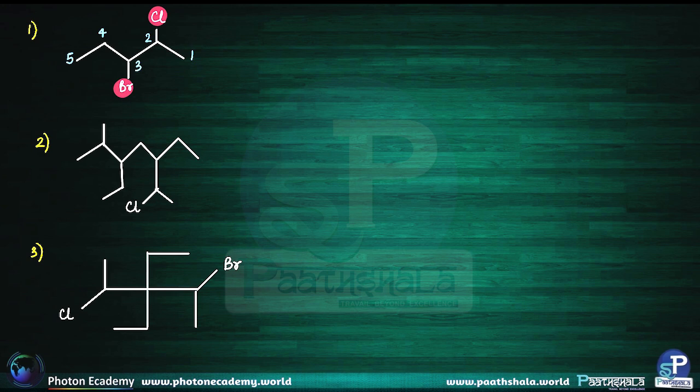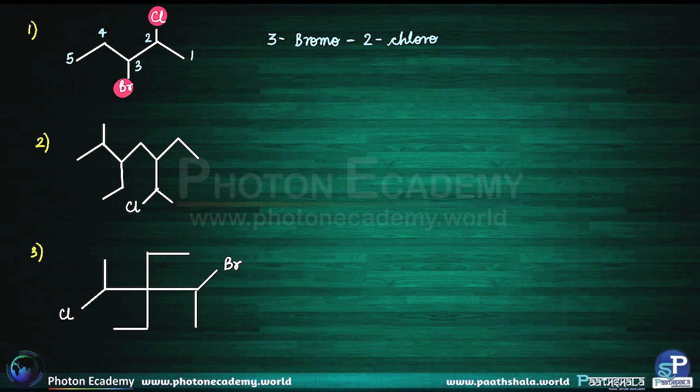The name of this becomes 3-bromo. B comes first, then chlorine, 2-chloro, and we have 5 carbons, so we call it pentane.